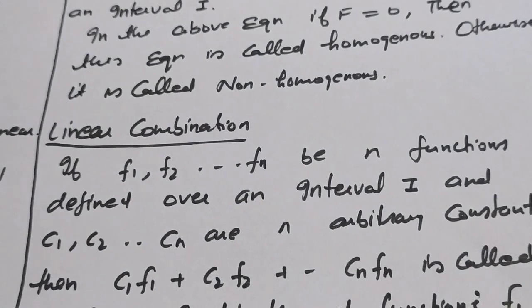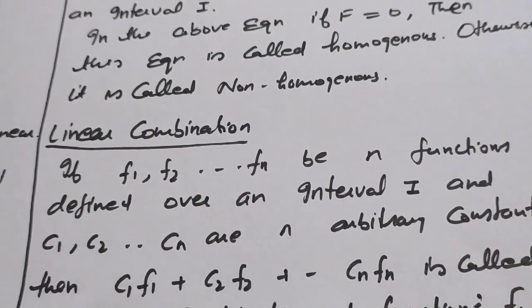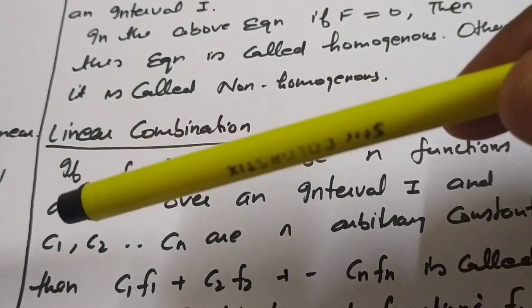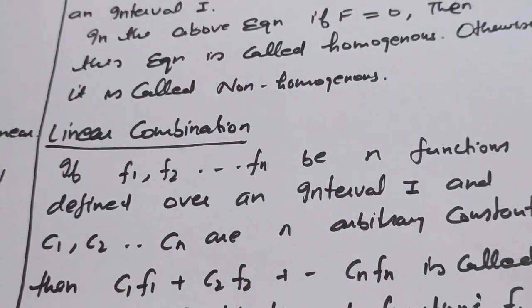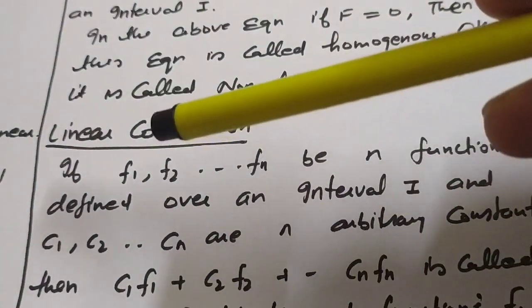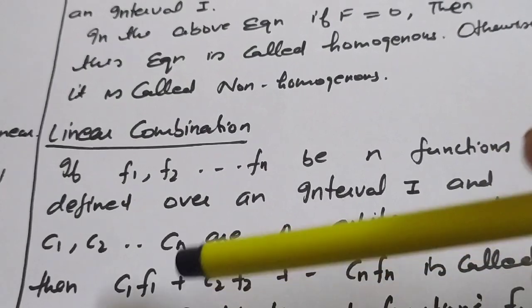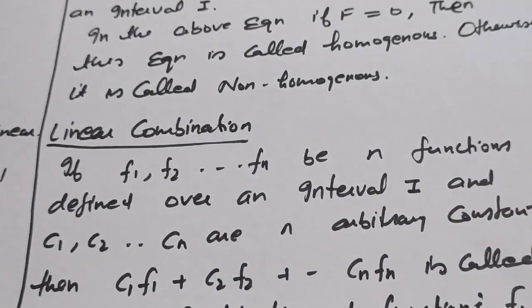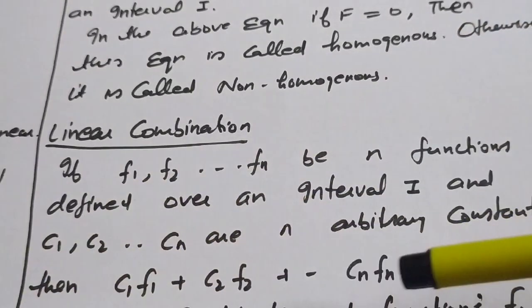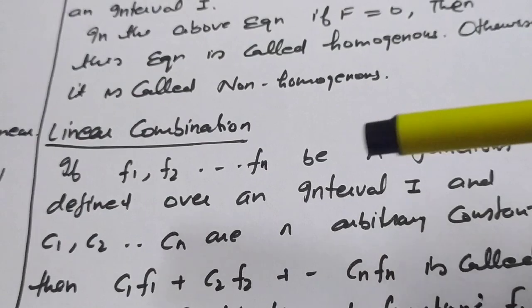These are n functions defined over any interval I, and I am able to find some constants c1, c2, and so on cn, and write the expression for these functions in the following way, that is c1 f1 plus c2 f2 plus and so on cn fn. Such an expression is said to be a linear combination of the given functions f1, f2, and so on fn.